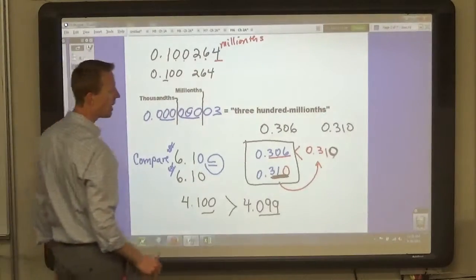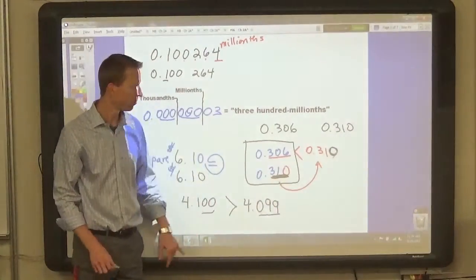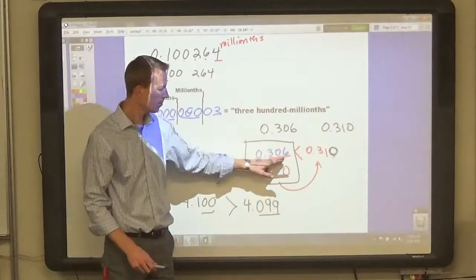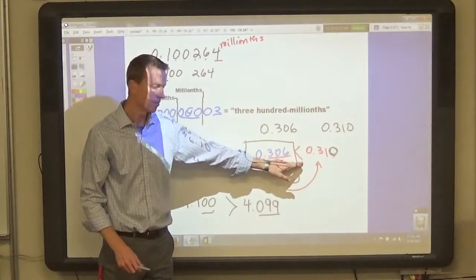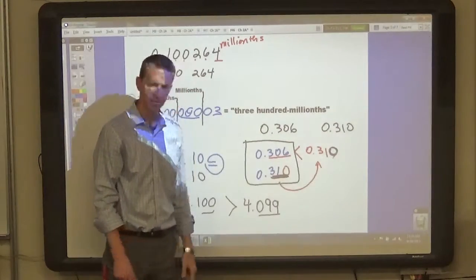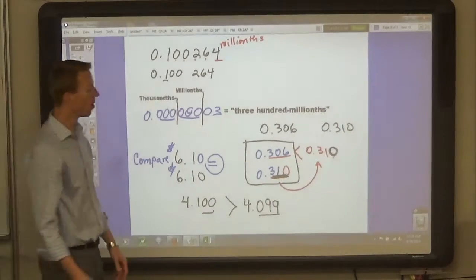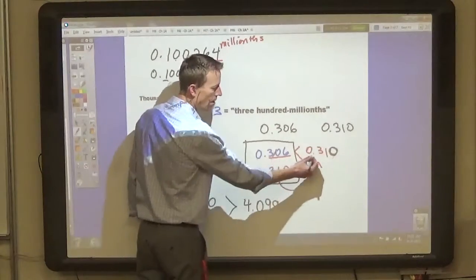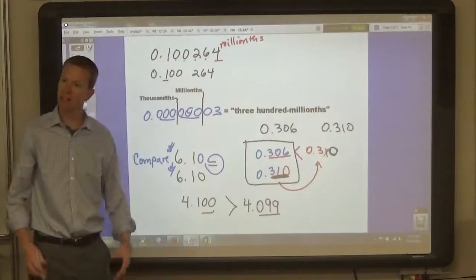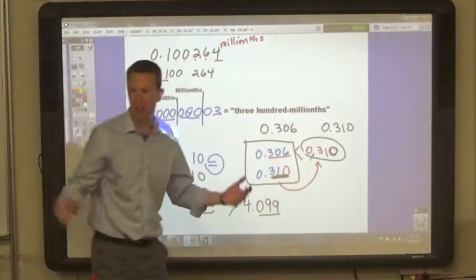So how would you say this? How would you read this statement? 0 and 306 thousandths is less than 0 and 310 thousandths. Okay. Or you could also say 31 hundredths and leave off the 0. But if it was written this way, that's totally correct.